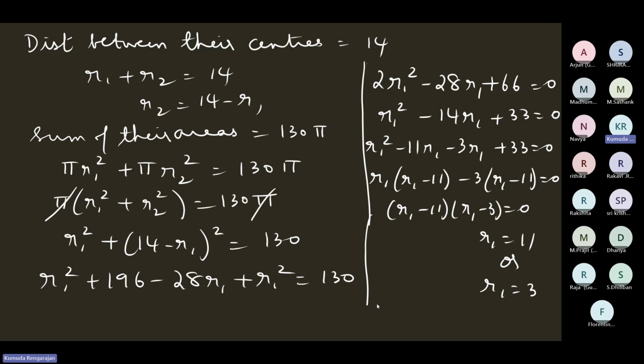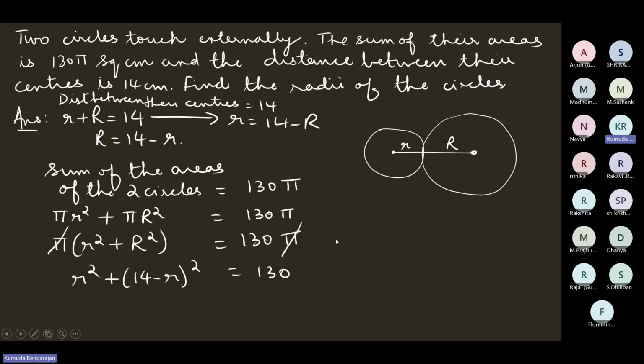So here we had to assume the radii to be R1 and R2. Because they touch externally, the distance between their centers is the sum of their radii. R1 plus R2 is equal to 14.